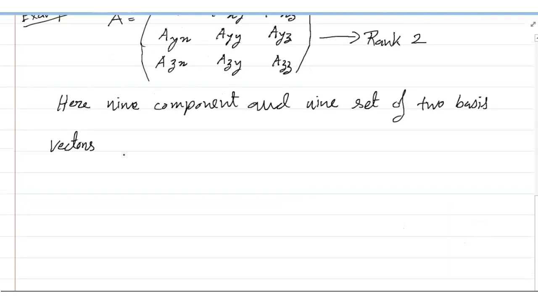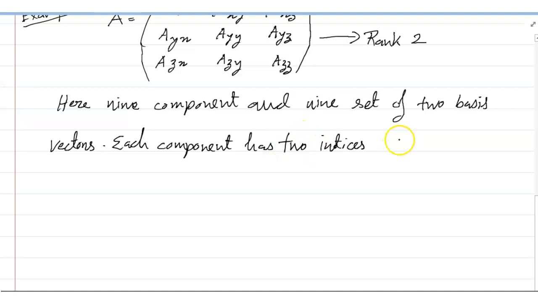Each component has two indices, referring to basis vectors.